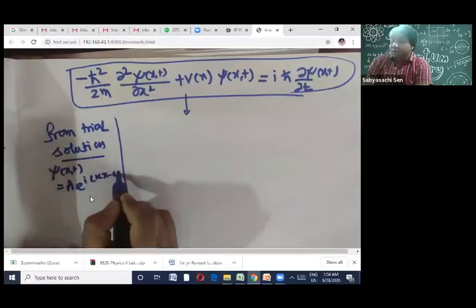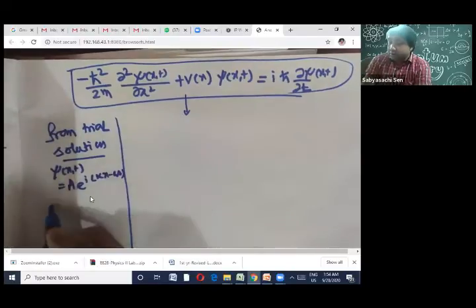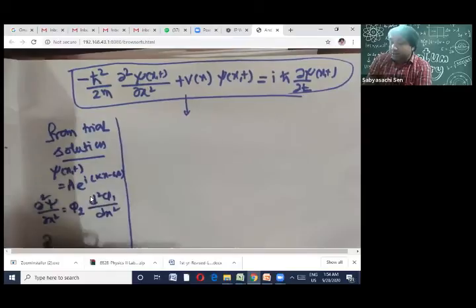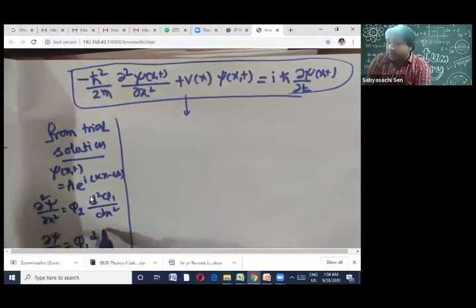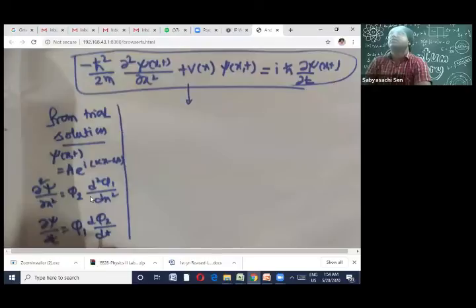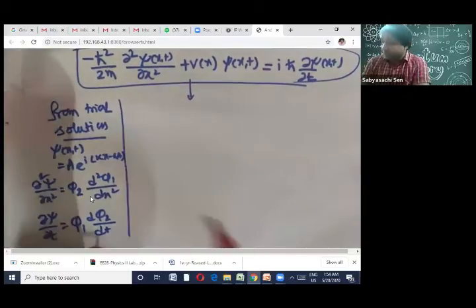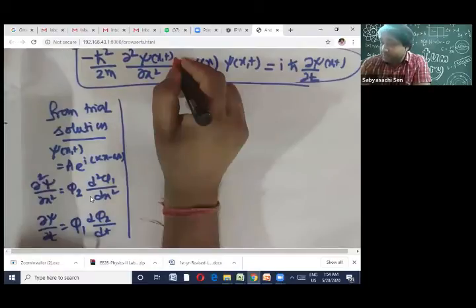We already have the expression of del 2 psi del x2 as phi 2 d2 phi 1 dx2, and del psi del t as phi 1 d phi 2 dt. So now let us do the replacement. First this will be replaced.